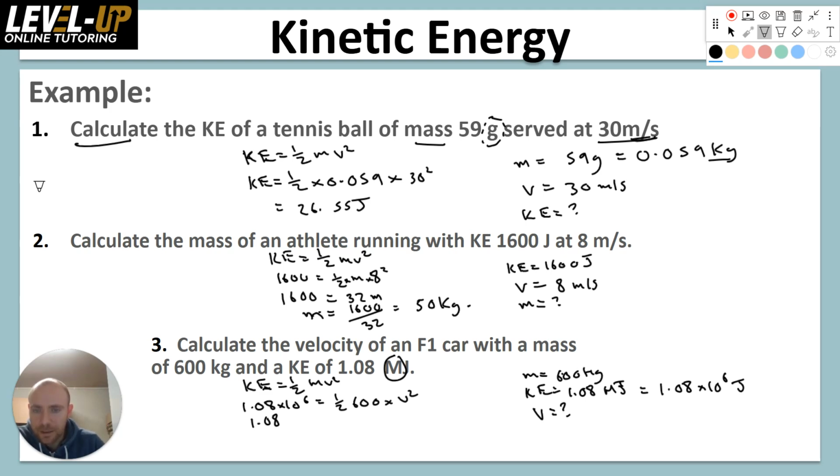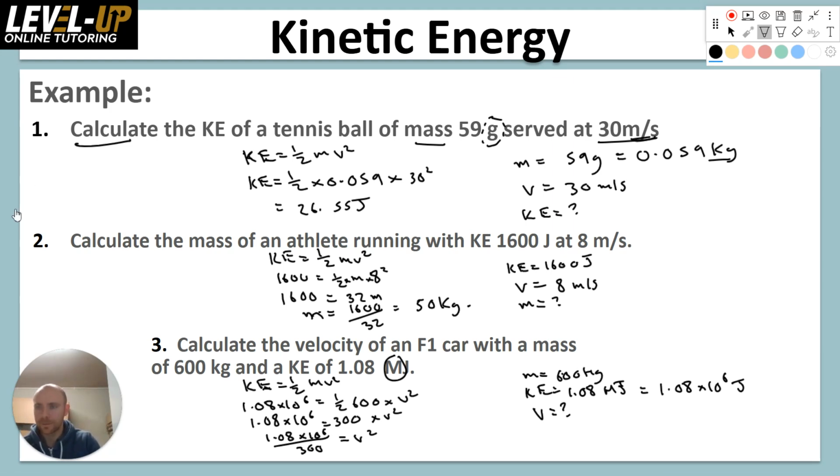Now, I can simplify this a little bit. 1.08 times 10 to the 6 equals 300 multiplied by v squared. So 1.08 times 10 to the 6 divided by 300 equals v squared.